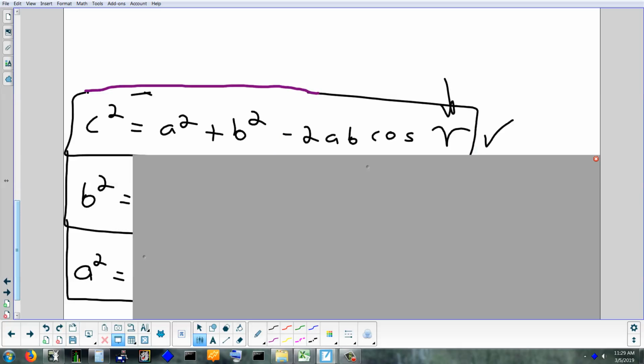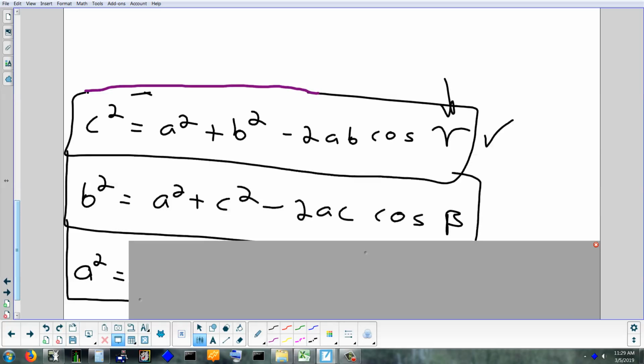B squared equals a squared plus c squared minus 2ac cosine beta. Yes.